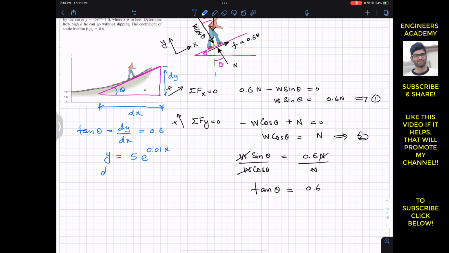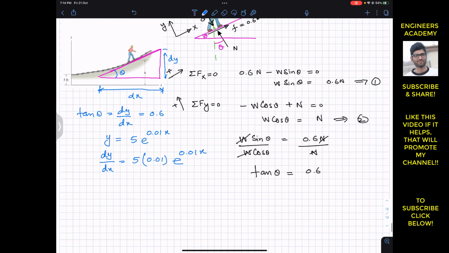Now the derivative of this, dy by dx, is equal to 5 times 0.01, the derivative of this power, and then the derivative of this will be again e to the power 0.01x, and now we know that dy by dx is equal to 0.6.